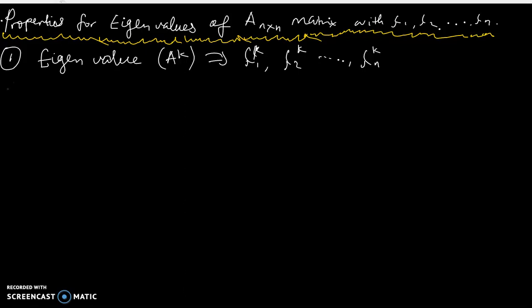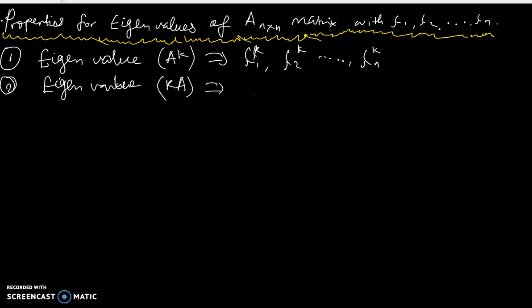Let us take the second property of our eigenvalue. The second property is that when we have an eigenvalue with a scalar multiplication, let's say it is kA. This is what we call scalar multiplication.